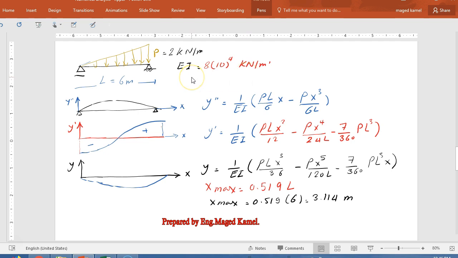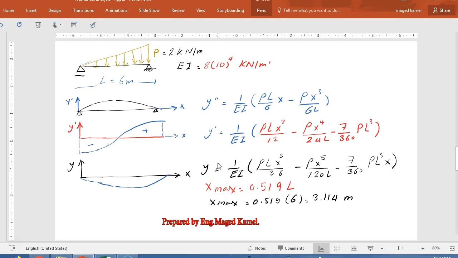The reason we are using the EI value is that we have to substitute it in order to be able to use the numerical method for evaluation. We recall y double dash is 1 over EI multiplied by BLx over 6 minus Bx raised to the power 3 over 6L, as well as y dash and y as shown in the slides.